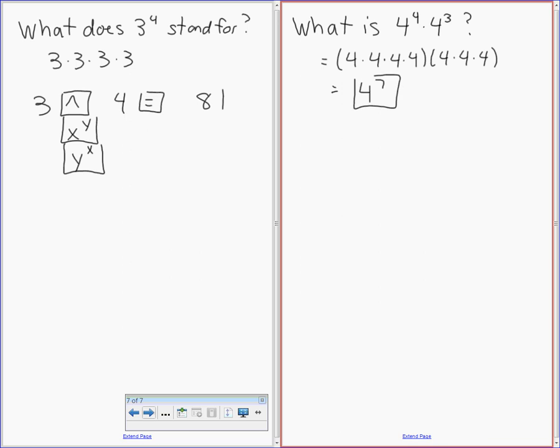So this is called the addition rule, or multiplication law. The multiplication law says to multiply powers with the same base, add the exponents.